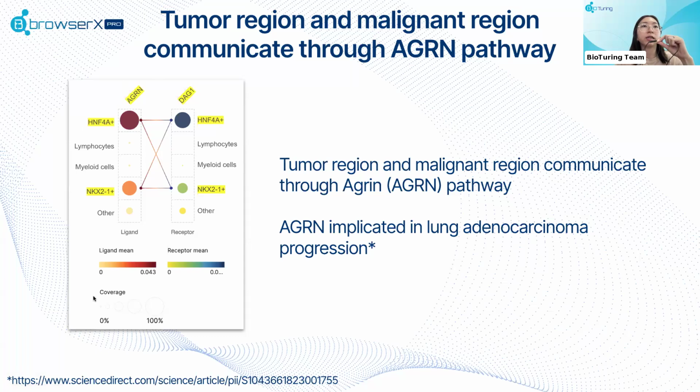What you're looking at here on the left-hand side is one of the visualizations output from the cell-cell communication tool on BBrowserX Pro, where you're looking at the expression of the AGRN ligand and the expression of the DAG1 receptor. You can see how the expression of these two genes is quite specific to the tumor region and also specific to the malignant region.